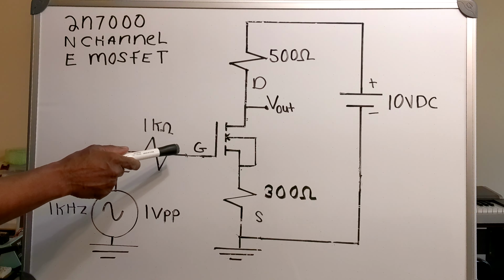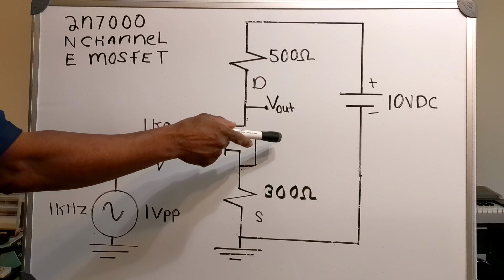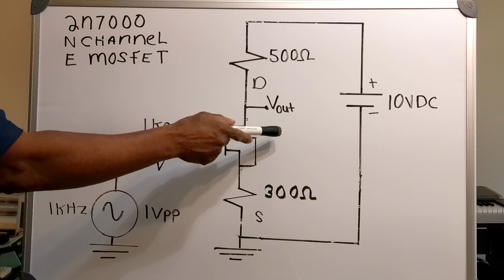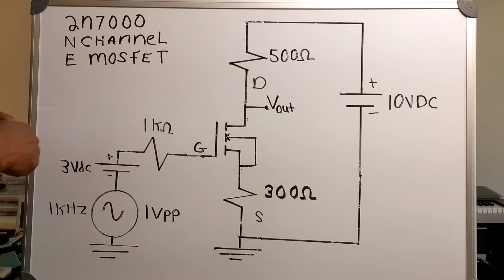Now, how much bigger will the output signal be? The gain of the transistor is, I'm going to call it GV.